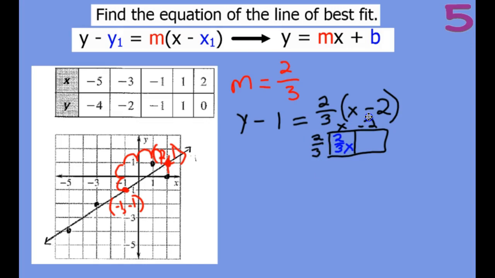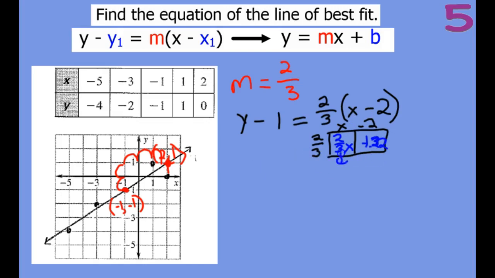Now this one will come out as a decimal, but that's okay. It should give us about -1.32.